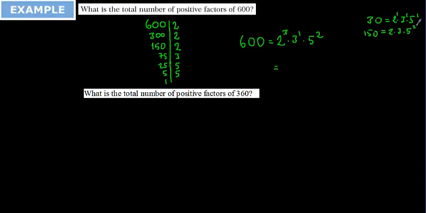The maximum power can be 5 squared. We also cannot use 5 cubed here, because 5 cubed is 125, and 125 times 6 is equal to 750. 750 also doesn't divide 600, it is bigger. And we have to be careful about this one also.